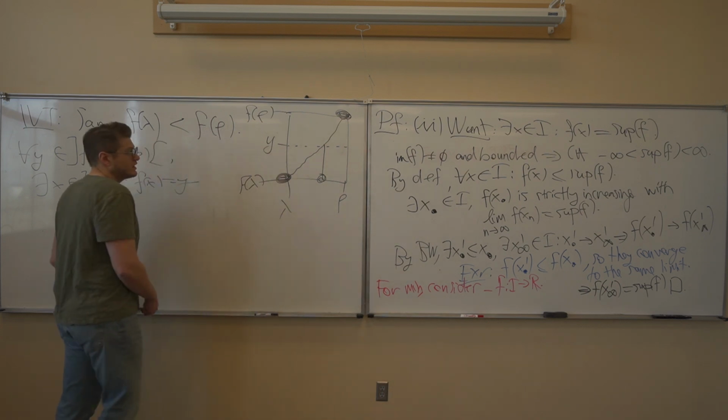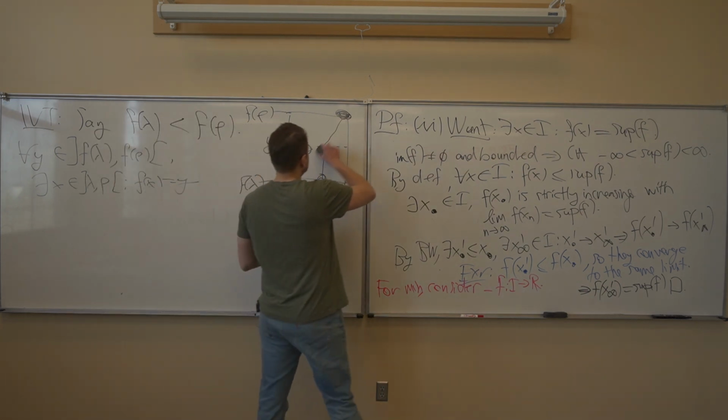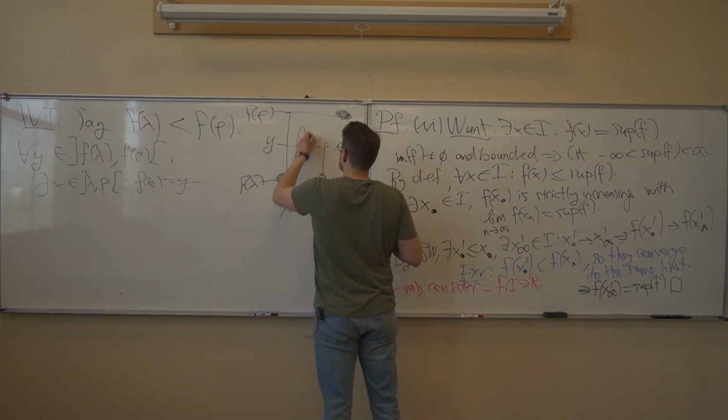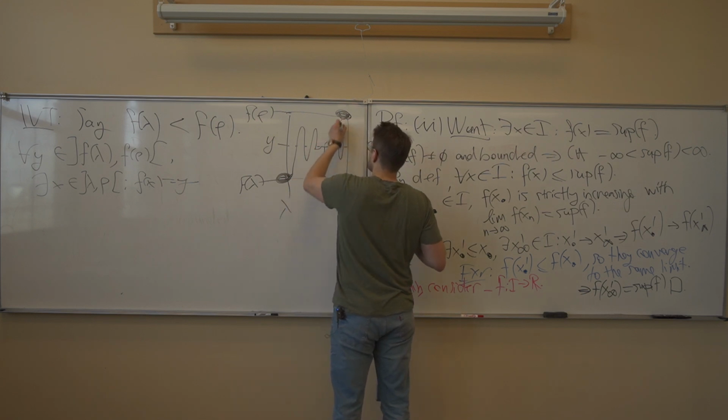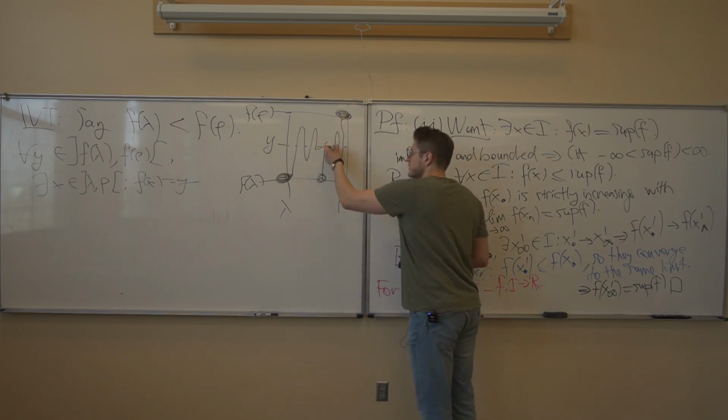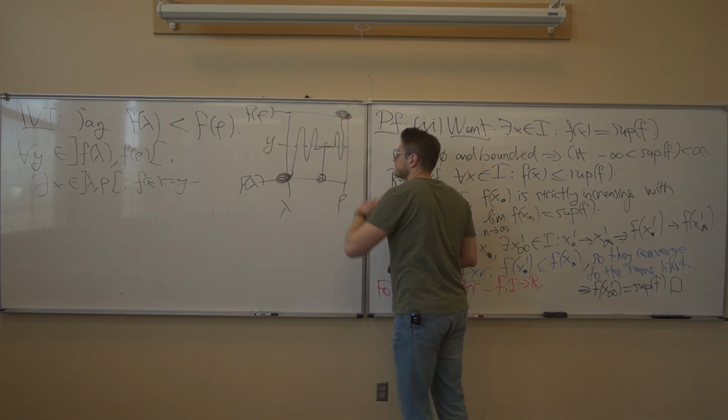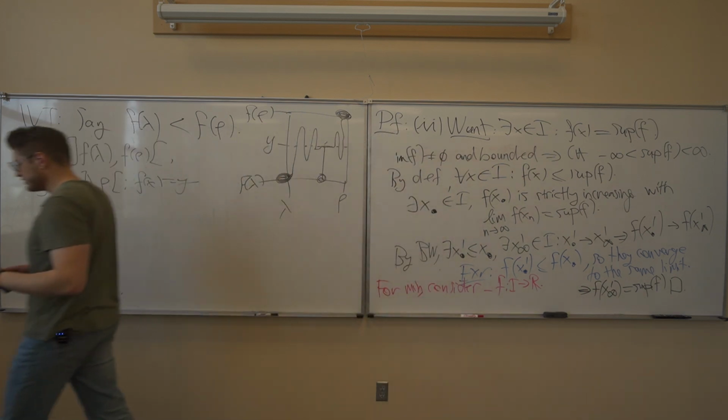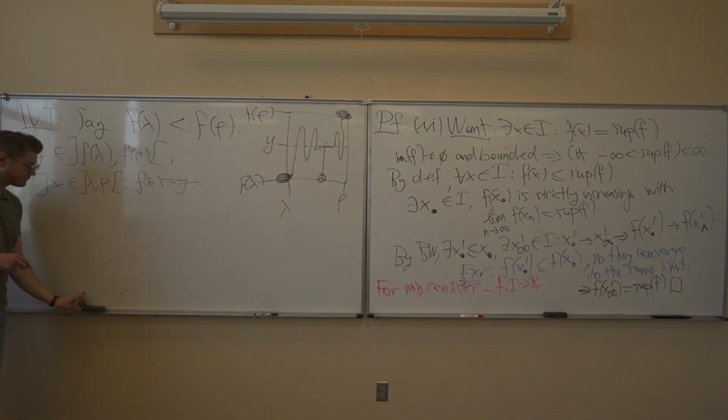Of course, it could be multiple, because maybe my function is like this. But there's at least one. Okay, that's the statement for the initial intermediate value theorem, which we're going to discuss on Monday.